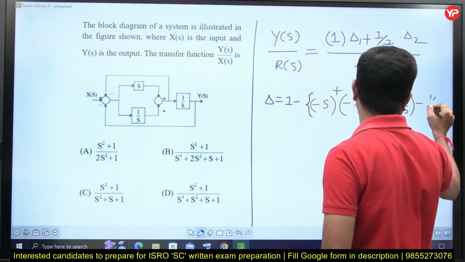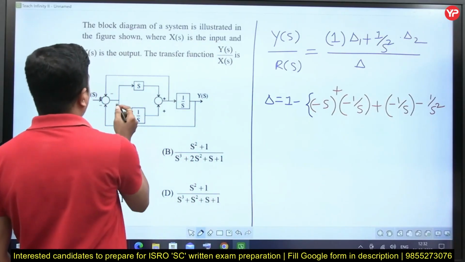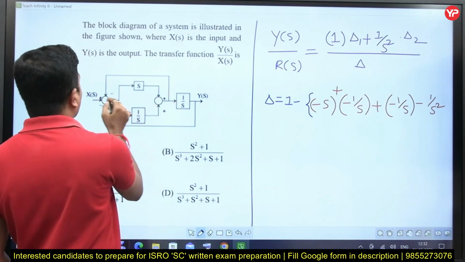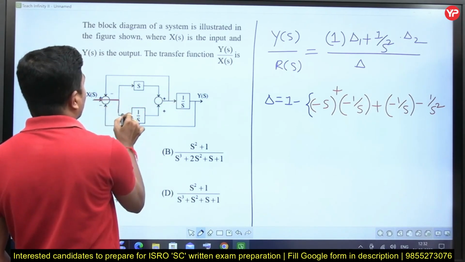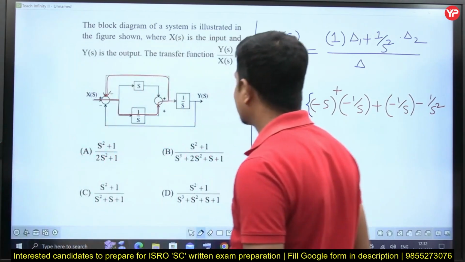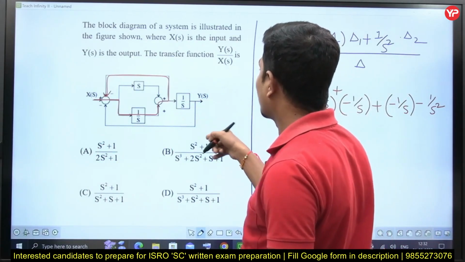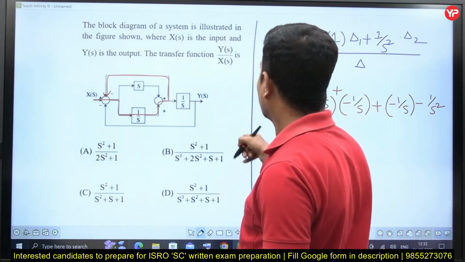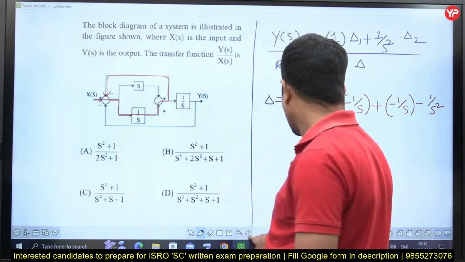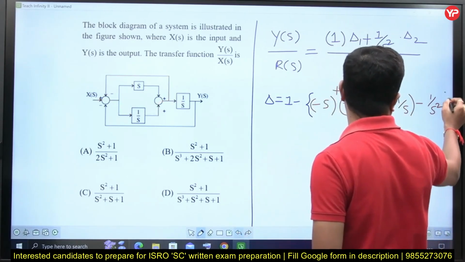Again, we took the upside, we took this downside. Now, is this not a loop, or did we take this one? Minus s, minus 1 by s, after that minus 1 by s, minus 1 by s square. I think no more loops are possible. These are the total loops.